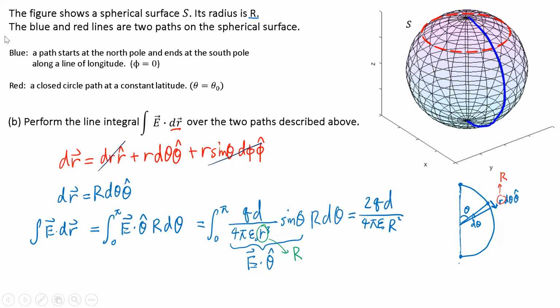Now let's consider the other path. When I'm walking along this red path, when I am talking about the dr, which coordinates are not changing this time?